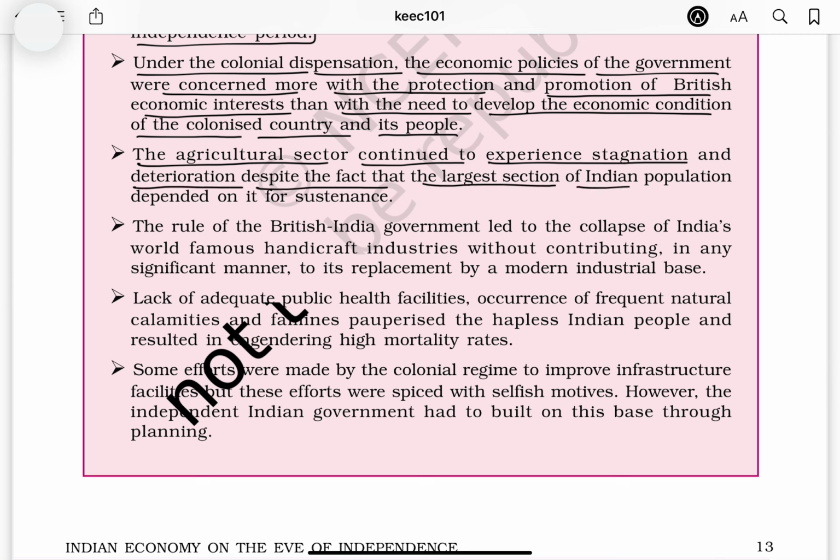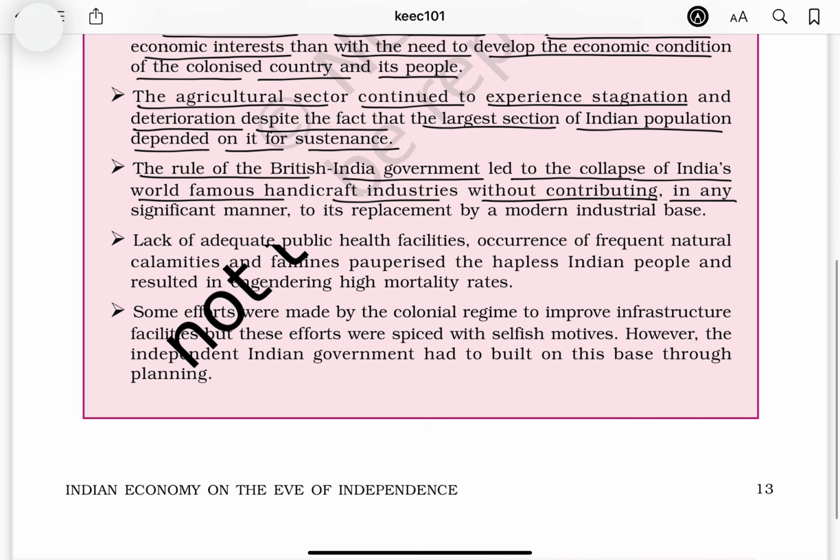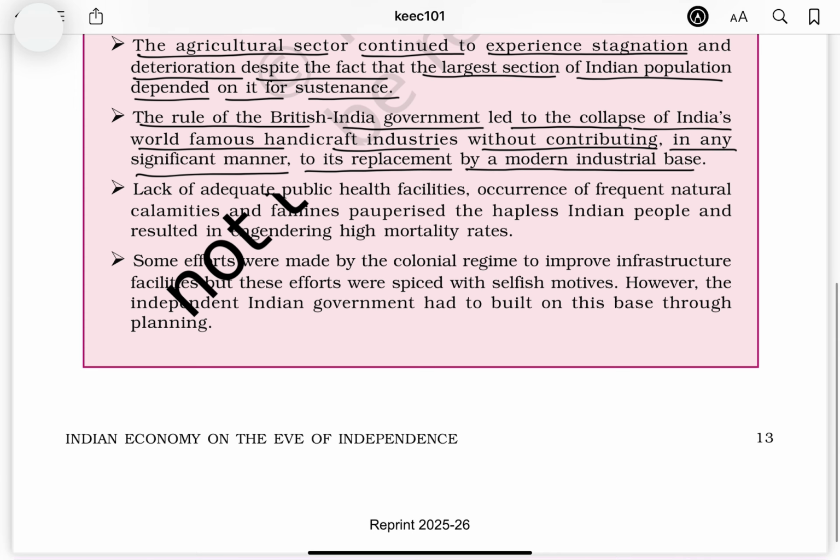the largest section of Indian population depended on it for sustenance. The rule of the British India government led to the collapse of India's world-famous handicraft industries without contributing in any significant manner to its replacement by a modern industrial base.